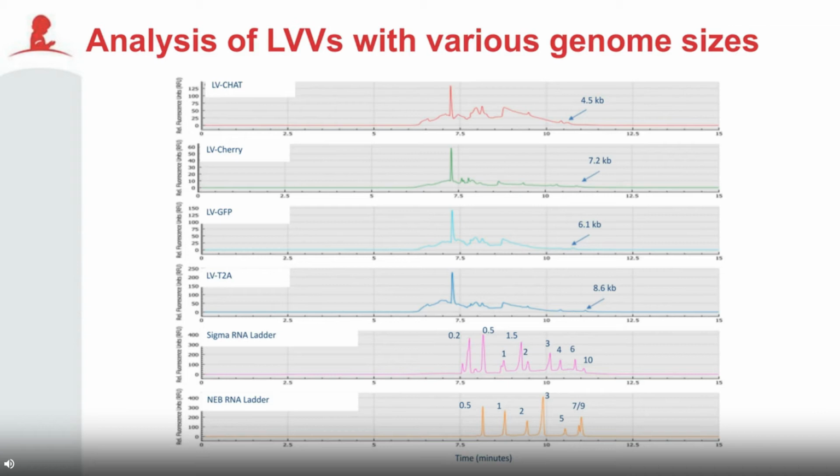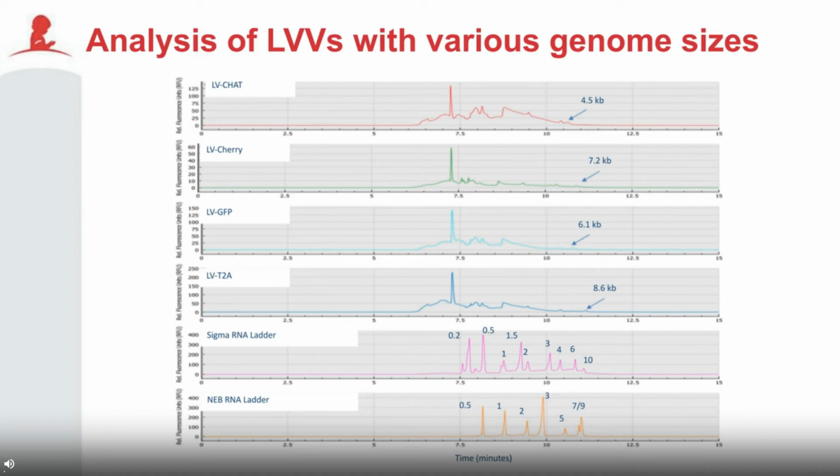So this slide shows the results obtained for the analysis of four research-grade lentiviruses with different genome sizes from the commercial vendor. Each virus sample had a volume of 25 microliters, and the titer was 1E9 transducing units per mL.